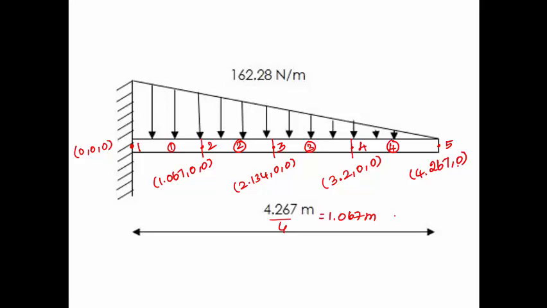Similarly, the uniformly varying load should be applied accordingly based on the elements. A uniformly varying load means for each unit length of the beam, the magnitude of the load will vary in the order of 162.28 Newton per meter.